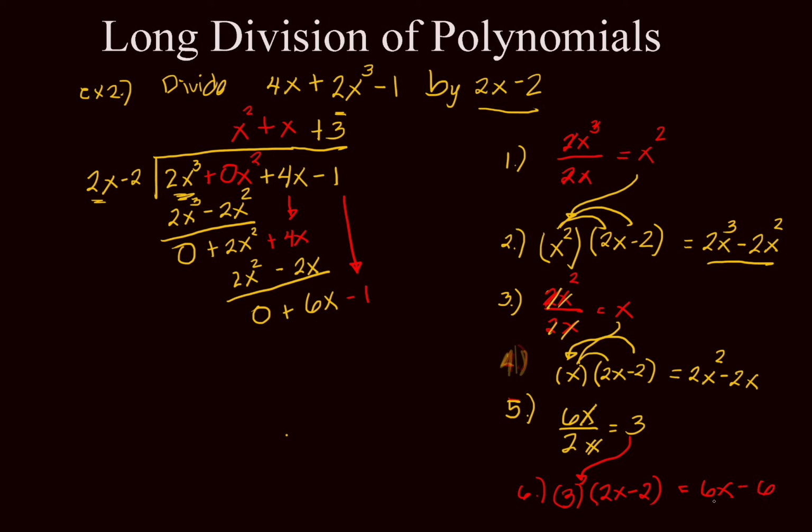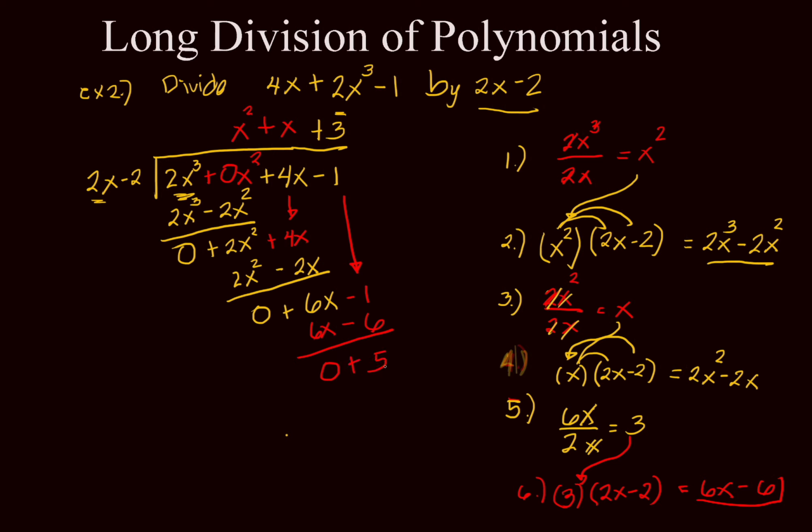So we're going to place this product underneath our 6x minus 1. So you'll have 6x minus 6. And then let's subtract. 6x minus 6x is going to give us an answer of 0. Negative 1 minus negative 6 will just give us an answer of positive 5.